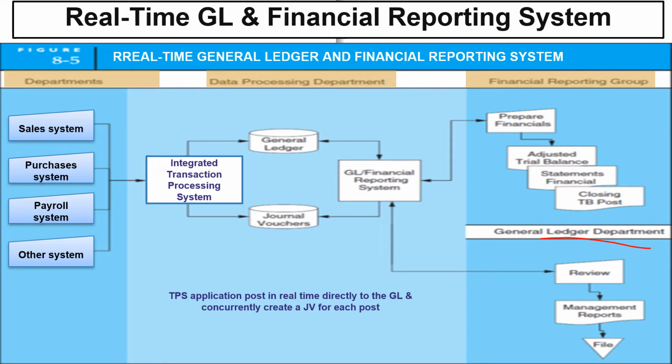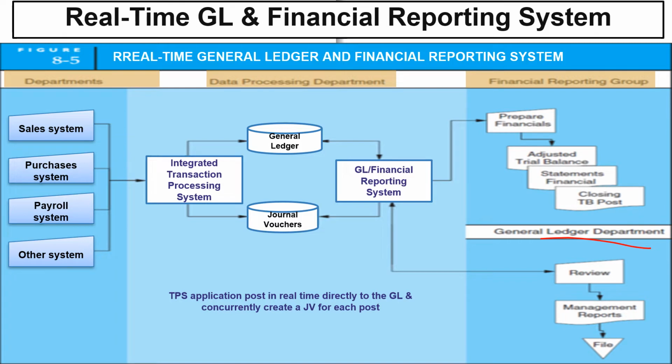So we see here that the sales, purchase, payroll systems, and other systems are integrated into the transaction processing system, which is digitally updated, and updates the general ledger and journal vouchers concurrently. And then we will update the general ledger and financial reporting system.